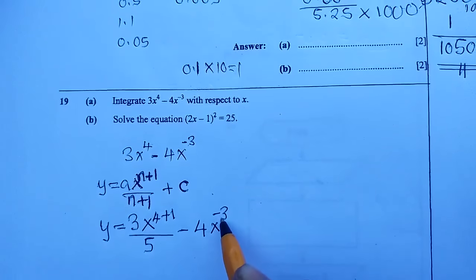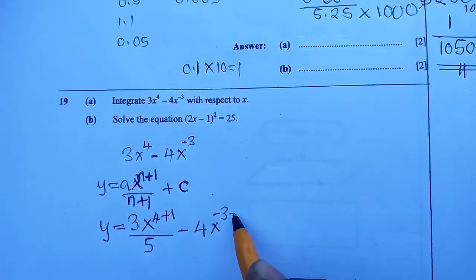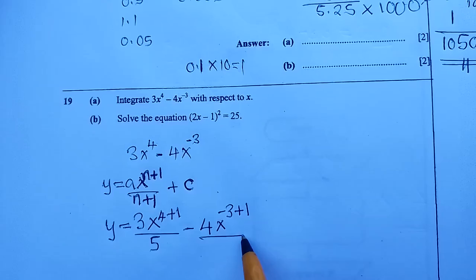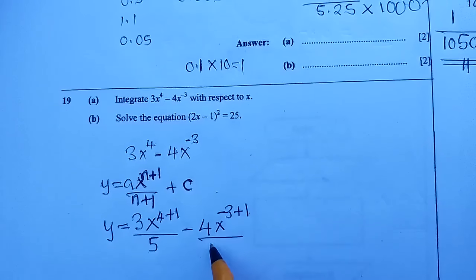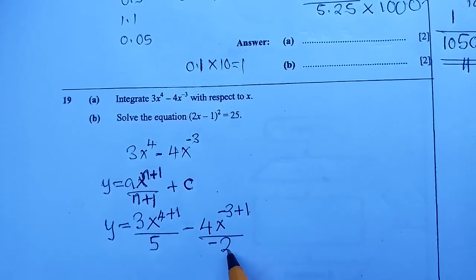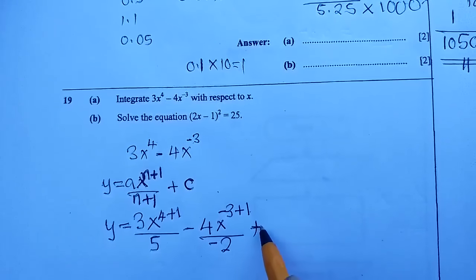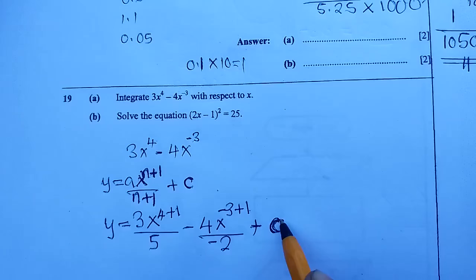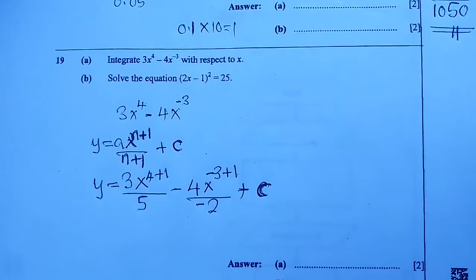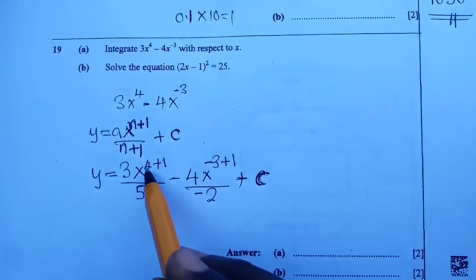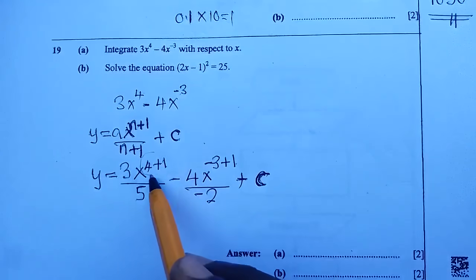Have you seen? So you just add plus 1 over. So negative 3 plus 1, you get negative 2. The numbers are done. Then you say plus the c. The c will follow. So just add plus 1, then the new power comes down.